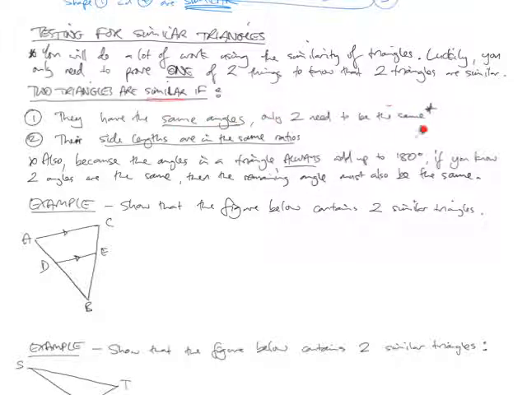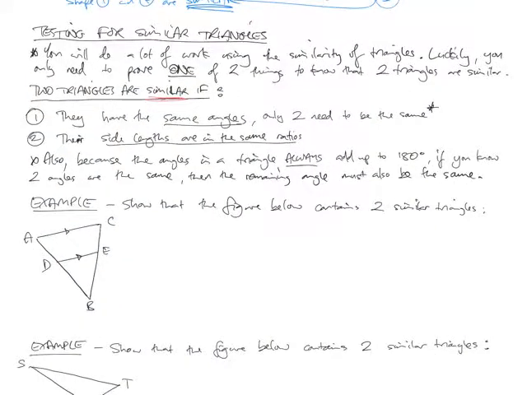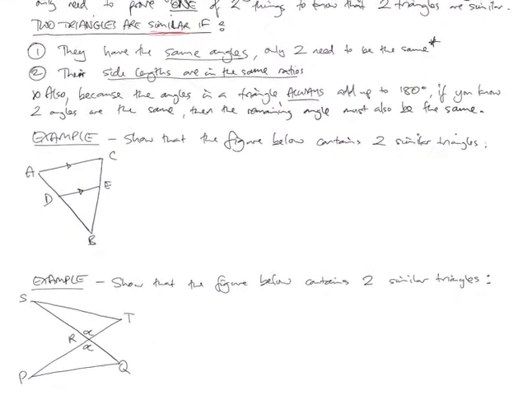And you only need to prove two are the same. The other way to prove triangles are similar is if their side lengths are in the same ratio, the same process that we did up here. If you can prove that two of the same sides in different triangles form the same ratio, then they're similar. Or if they've got the same angles in the two triangles, they're similar.